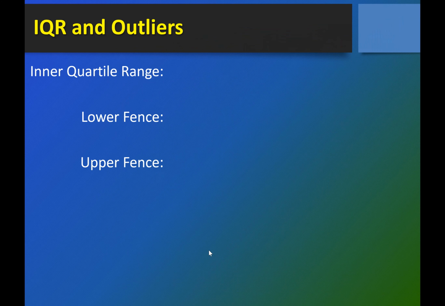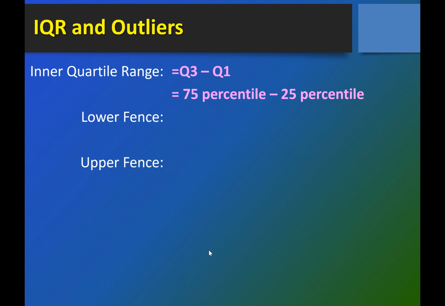So the interquartile range is a very important piece of data that we use to describe quantitative data. To find the interquartile range, you arrange all your values from smallest to largest, and you take your third quartile value and your first quartile value. The third quartile value is where you have 75% of the values at or below a certain point.